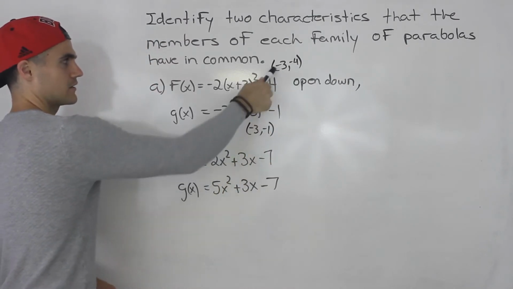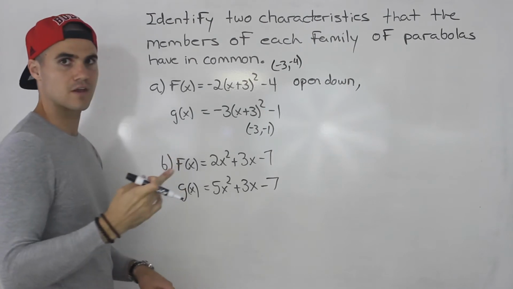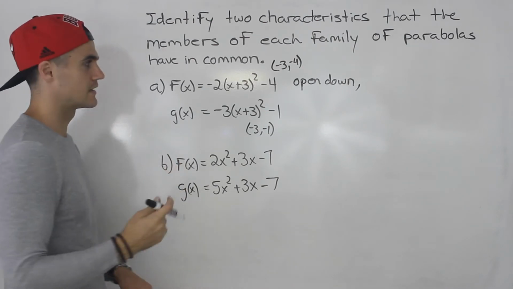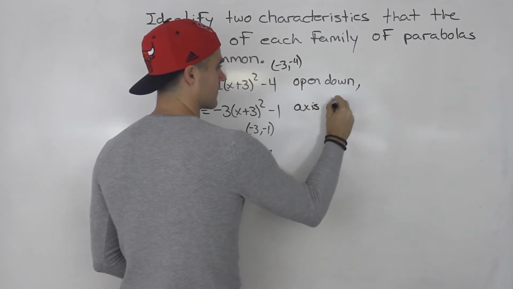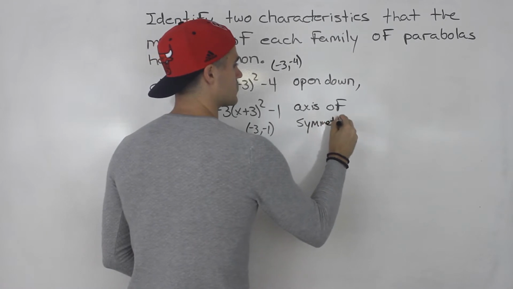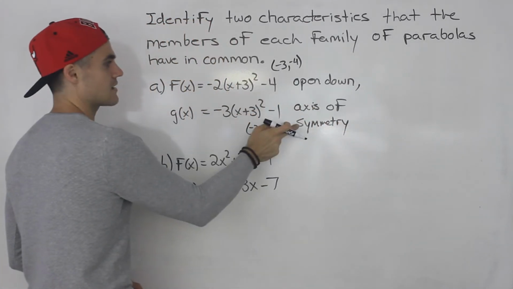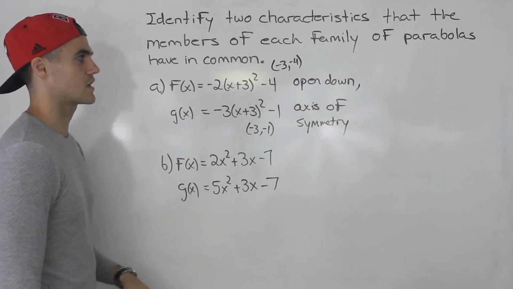So the x value of the vertex is the same for both. And what's another name for that? It's the axis of symmetry. So both of these parabolas have the same axis of symmetry, the same x value of the vertex.